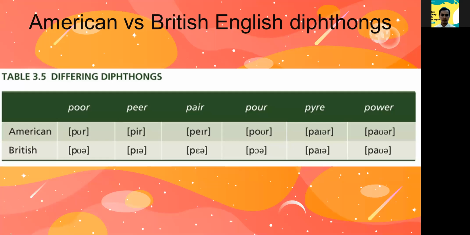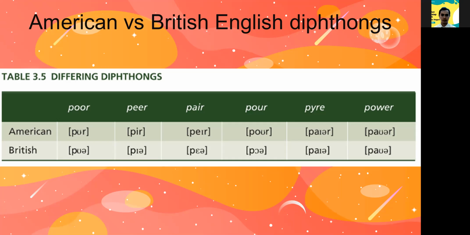Note that diphthongs from different variations of English dialects might appear, for example, in American and British diphthongs, like between poor and poor, between peer and peer, between pair and pair, and so on.